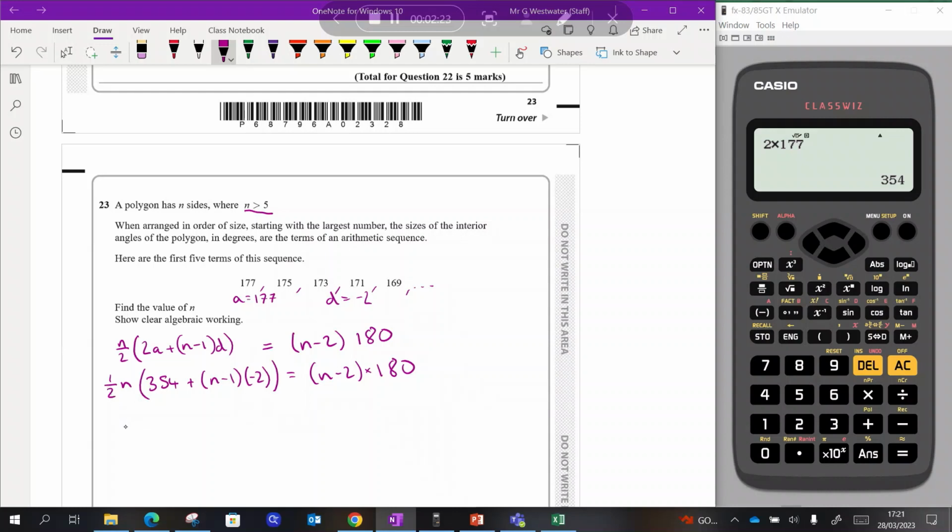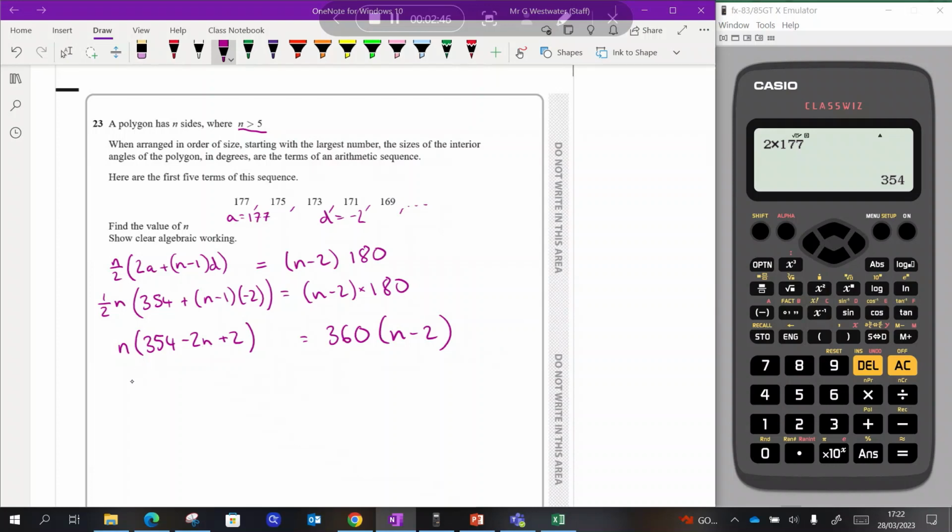I'm going to times by 2, so I've got n outside, and this 180 is going to become 360, and I'll put it in front of my n minus 2. And then here, let's expand this, so this will be 354, and then minus 2n plus 2. Minus 1 times minus 2. So this leaves me with n, and then 356 minus 2n equals, let's expand this now, 360n minus 720.